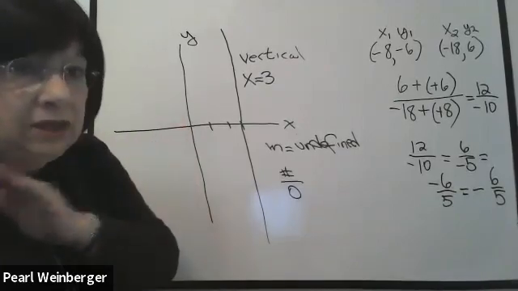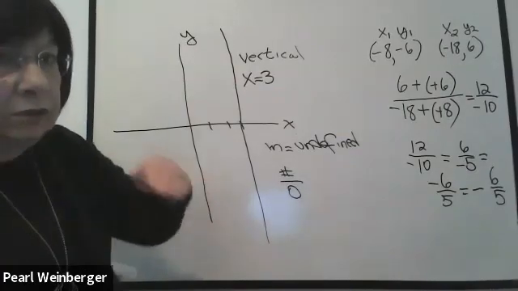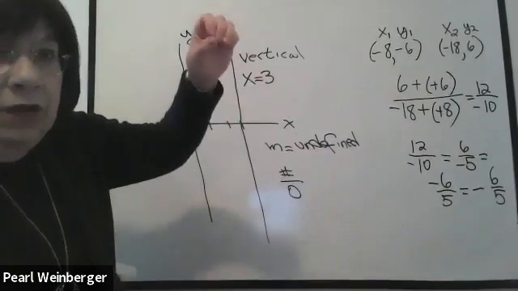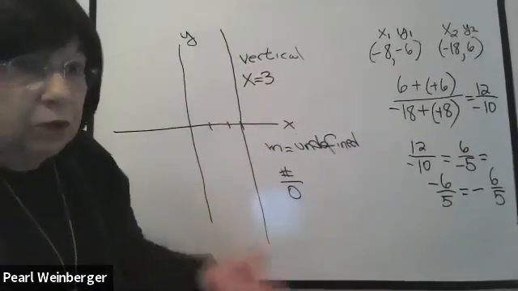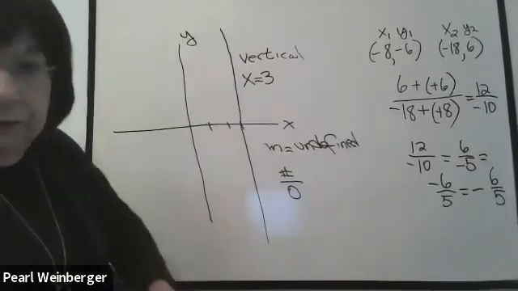Vertical lines never have y's in their equation. Horizontal lines never have x's in their equation. All the lines that we've been dealing with had both x's and y's, that's why they were slanted lines.